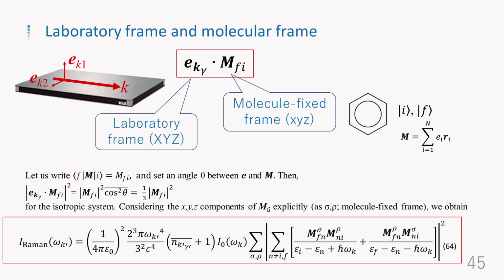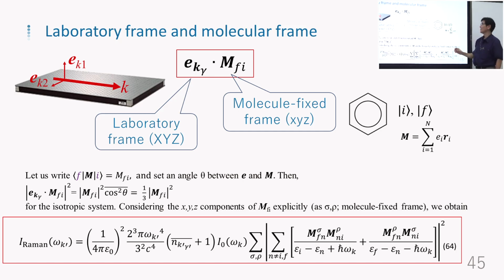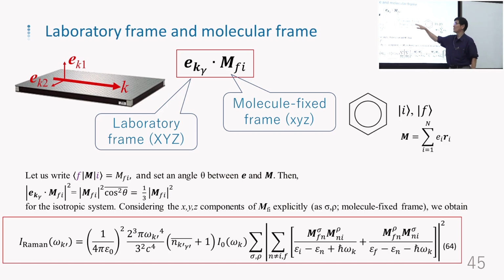Okay? There is no reason to use laboratory frame to describe the x direction of the benzene molecule. Always we set the x and y on this figure. So these parameters are defined in molecule fixed frame, not in the laboratory frame. So this is a small xyz.